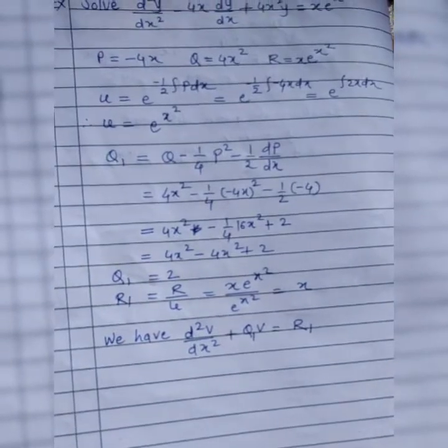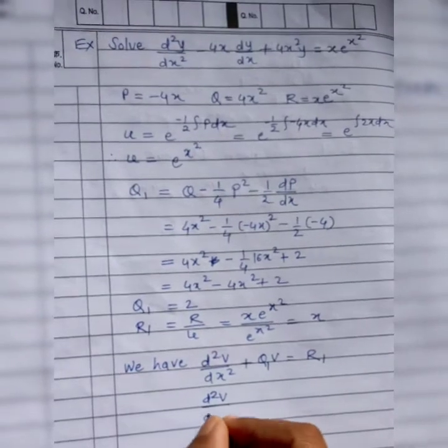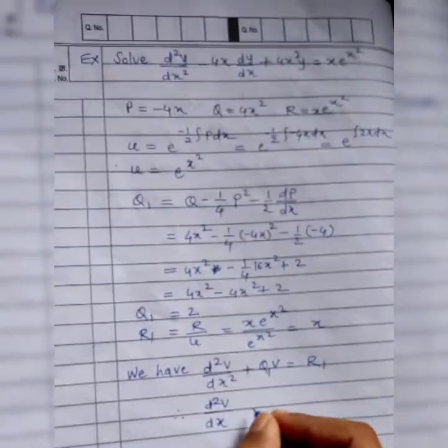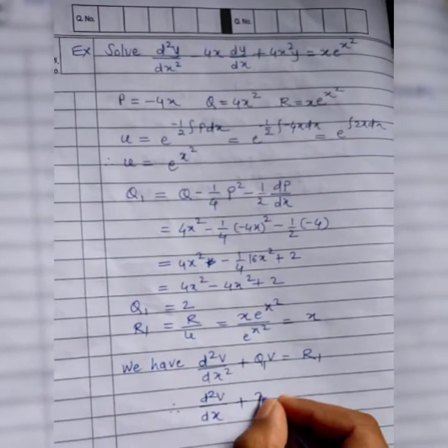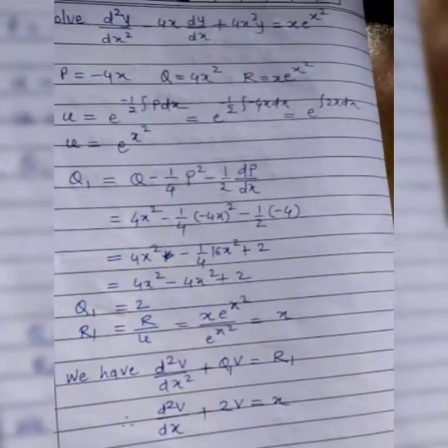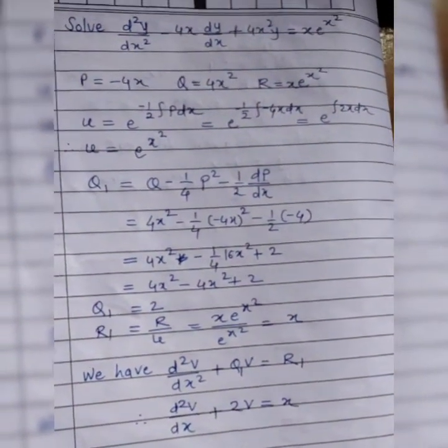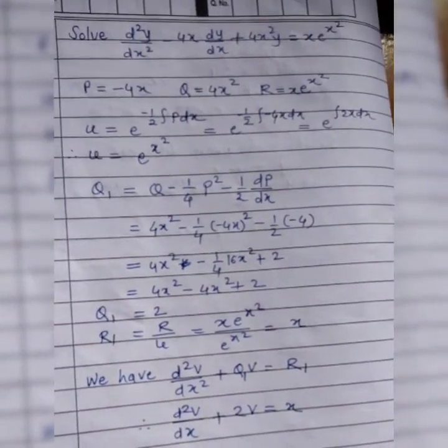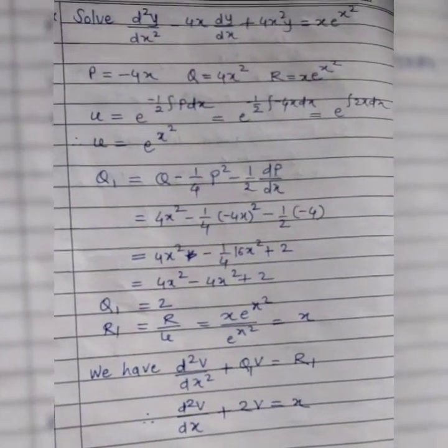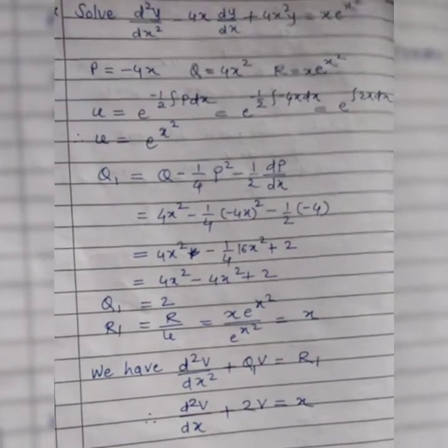Putting values of q1 and r1, we get d2v by dx square plus 2 into v is equal to x. Now this is a linear differential equation of second order with constant coefficient, and we know how to solve such kind of differential equation.